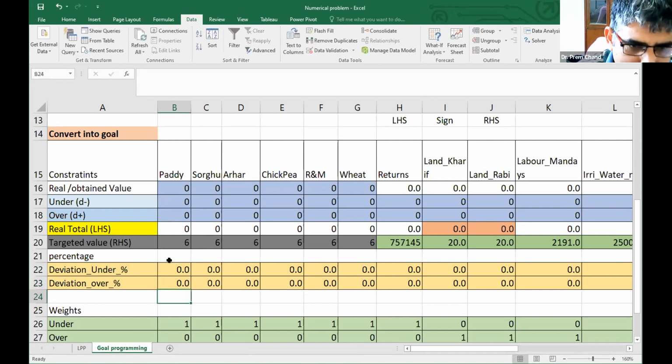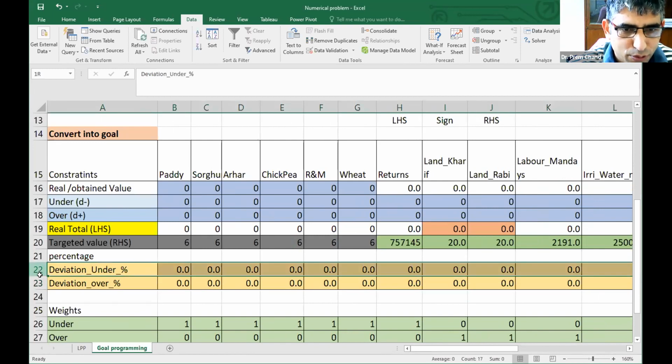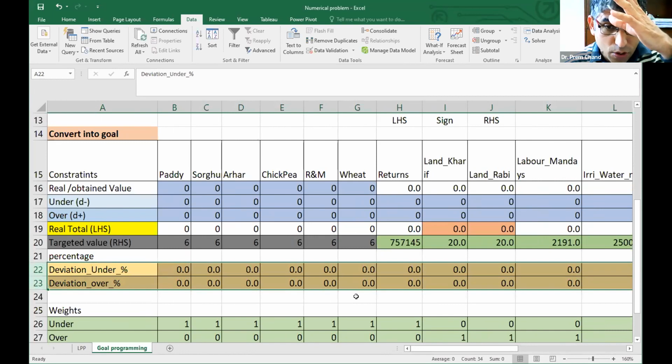So I have computed deviations for all the decision variables, the objective function, and all the constraints, because decision variables, constraints, and objective functions have now become goals. So I have computed deviations. My four steps are over.